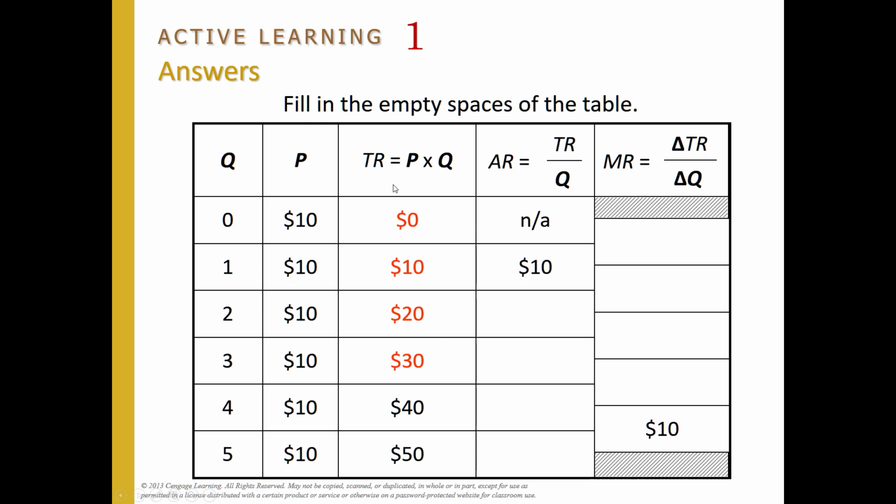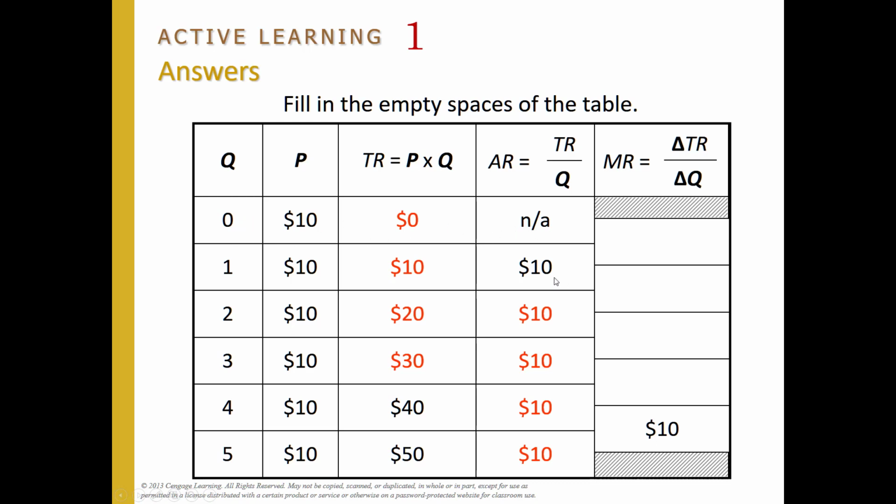With that information, you can calculate average revenue, which is total revenue divided by quantity, basically the average you make per unit. Now, there's no division by 0 in mathematics, so we don't have average revenue when quantity equals 0.